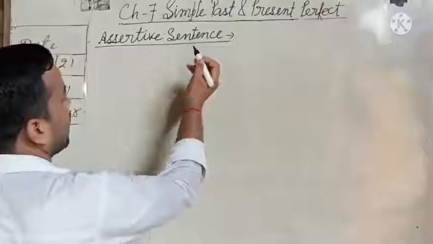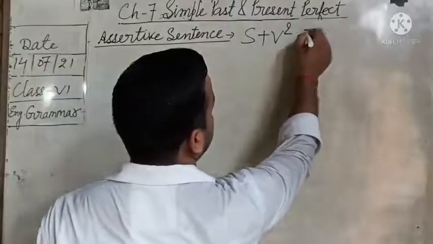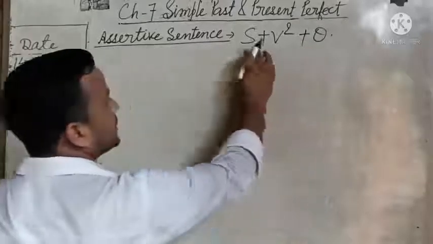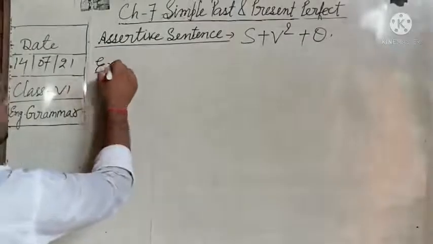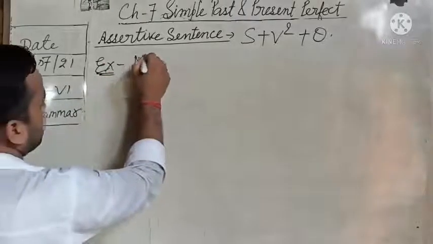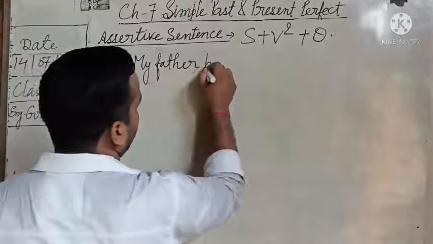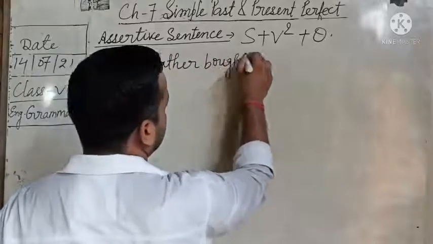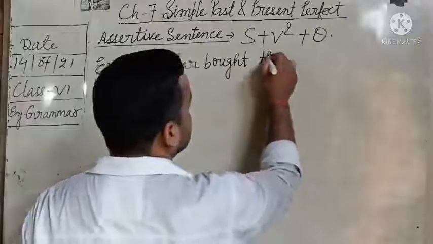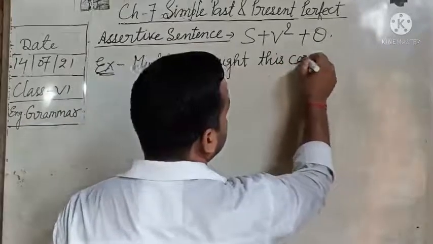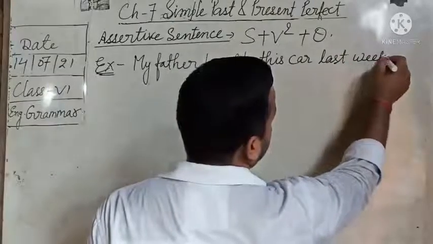Students, now see the formation of assertive sentence. What is the structure of assertive sentence? Subject, then main verb second form, and then object. See the example. My father bought this car last week.